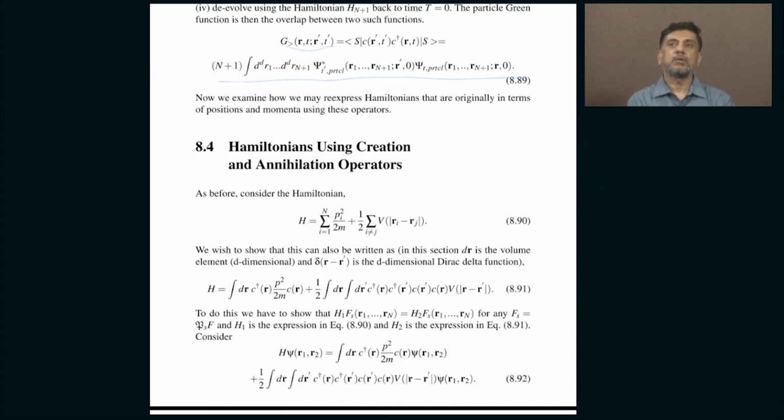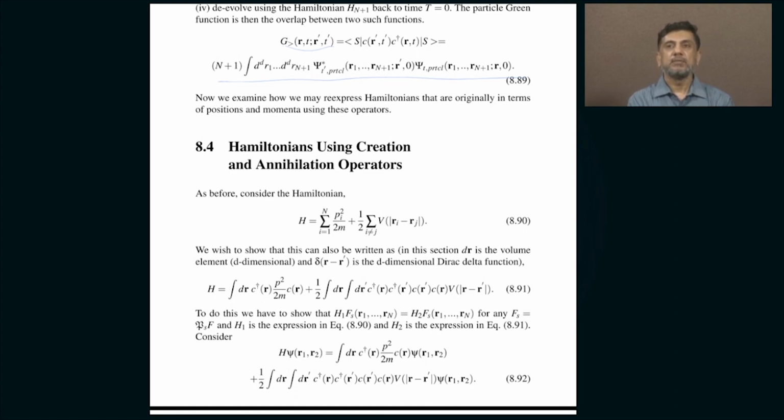Remember, suppose you ask the same question for the original problem that I started off with in this chapter, namely one mass tied to one spring. What is the utility of using creation and annihilation operators there? There are many uses.